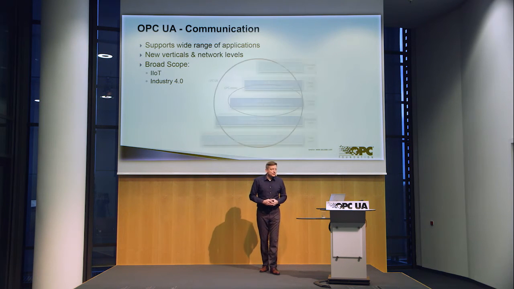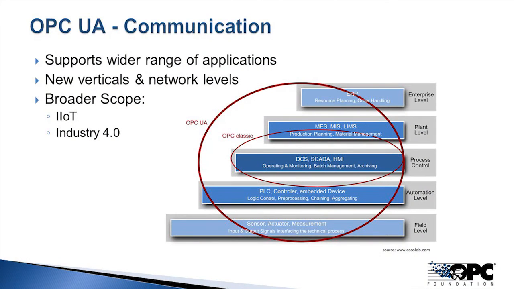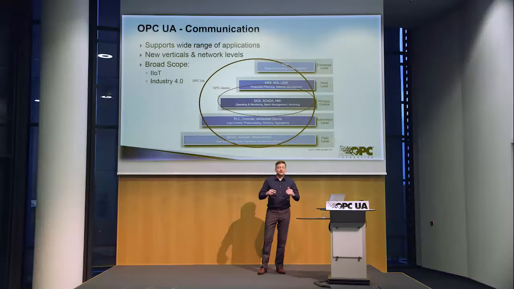Okay, so those of you who might be familiar with OPC Classic, where basically the first version of OPC came from, that was the first generation, that primarily focused on the supervisory control level, and it was basically sitting on one part where you have your supervisory control type applications in typically process control.